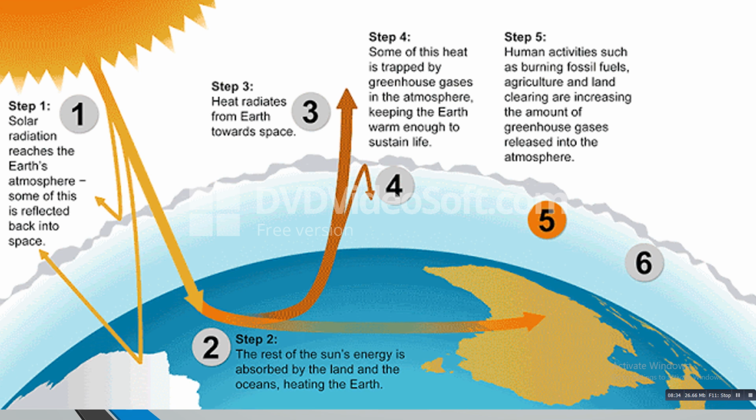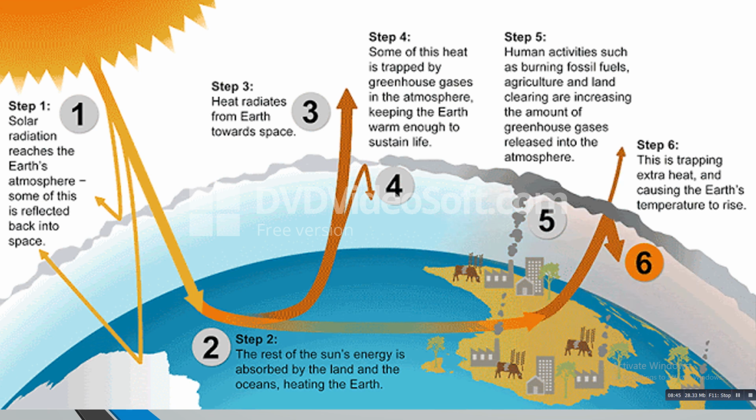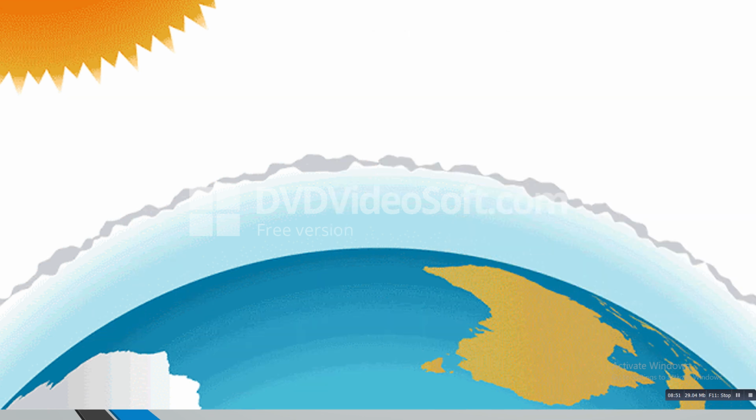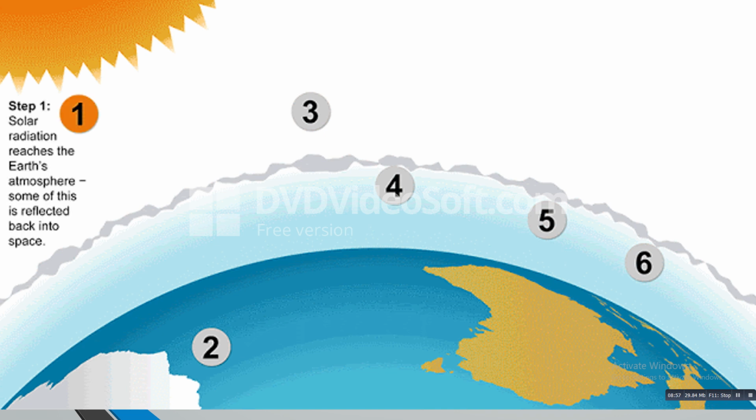Human activities such as burning fossil fuels, agriculture, and land clearing are increasing the amount of greenhouse gases released in the atmosphere, and this is trapping extra heat and causing the Earth's temperature to rise. Now, these two parts are because of human activities, but until part number 4, this is the natural process of heating up, which Allah has given to the planet, because of which life is possible on planet Earth.